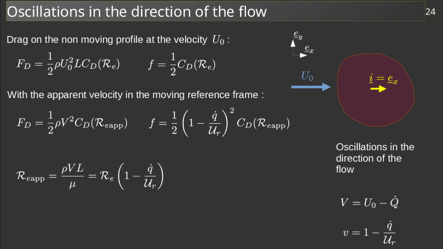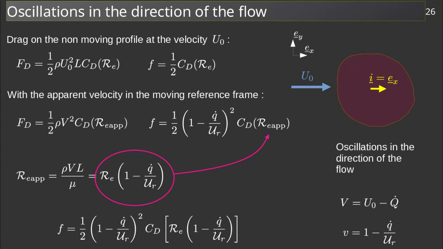The apparent Reynolds number is written rho VL on mu, which with dimensionless quantities is written as the product of the Reynolds number by 1 minus q dot on ur. We can then introduce this apparent Reynolds number into the expression of the fluid force, and we obtain an expression where appear the velocity q dot, the reduced velocity, and the drag coefficient, which is a function of the apparent Reynolds number.